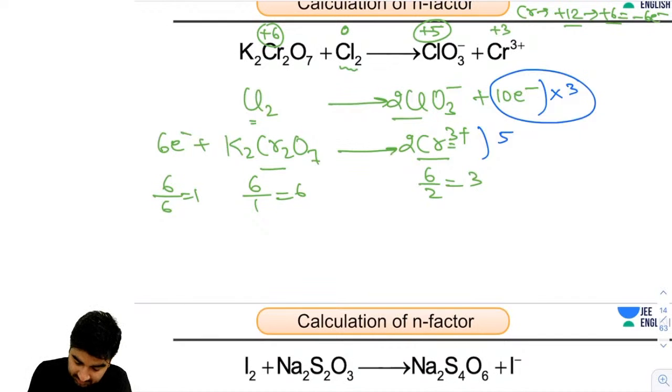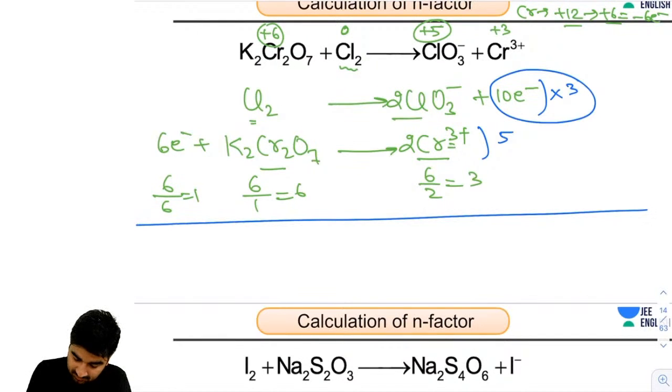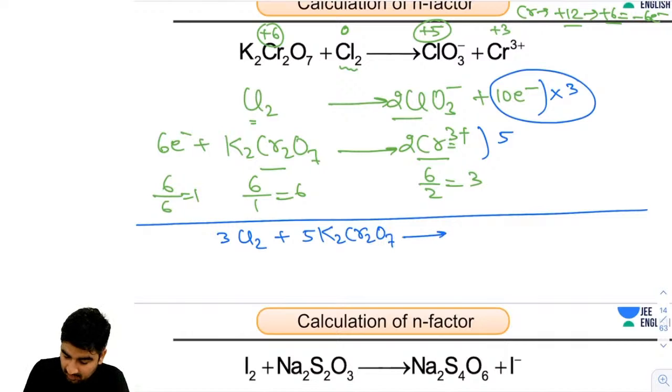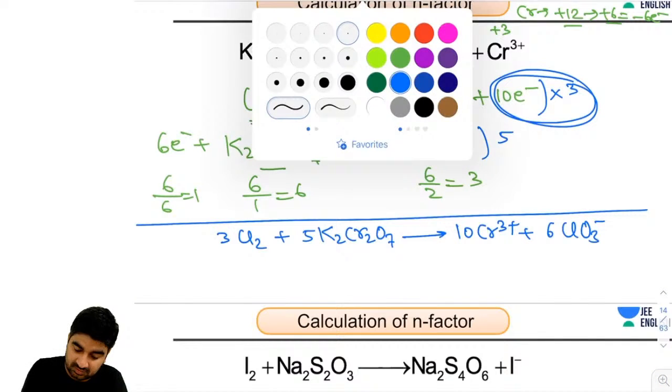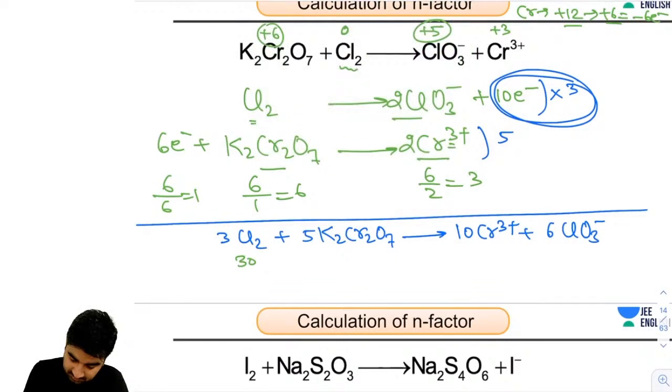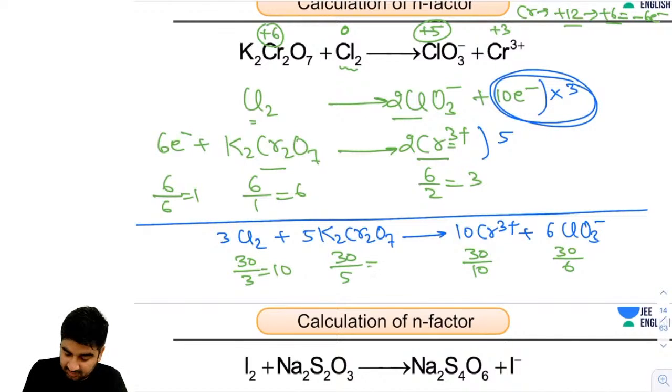So you will get 3 Cl2, 5 Cr3 plus, 6 ClO3 minus. There will be 30 electrons now. Yes, n factor you can calculate.